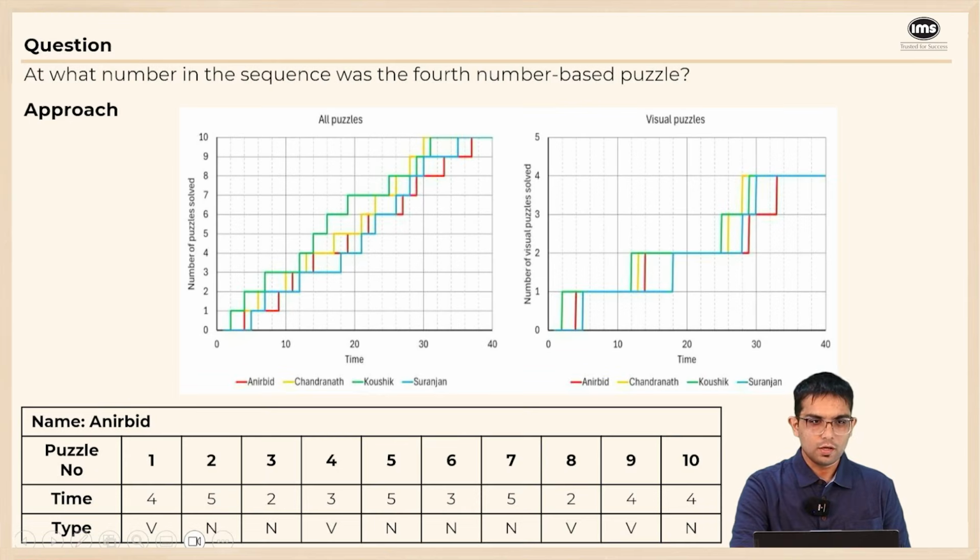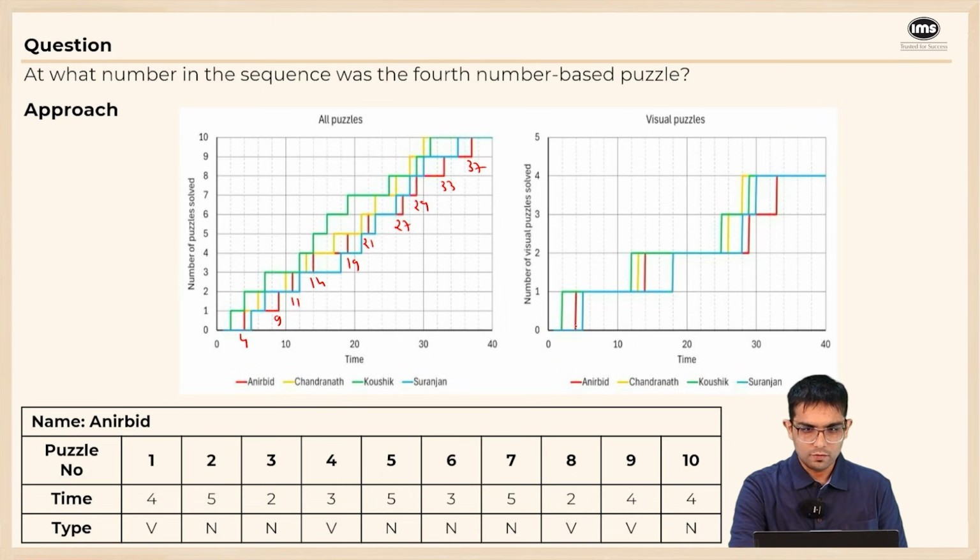The question says, at what number in the sequence was the fourth numbered puzzle? Now let's look at A. So A's first puzzle gets over at 4 minutes. Now this is 9, this is 11, 14th, this is 19th, this is 21, this is 27, 29, 33, and lastly 37.